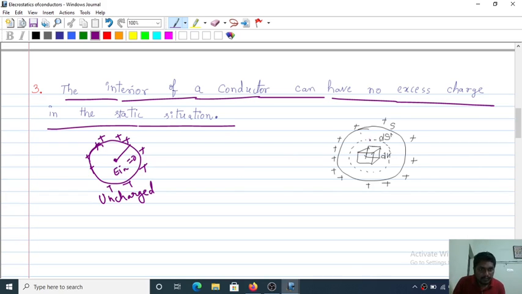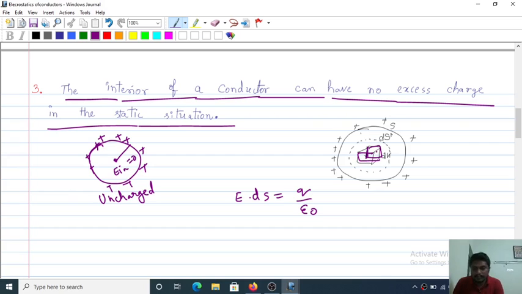Now I want to apply Gauss law to this conductor. According to Gauss law, the integral of E dS is equal to Q by epsilon naught, or E into S is equal to Q by epsilon naught. Here, for example, let us consider a small volume inside the conductor.